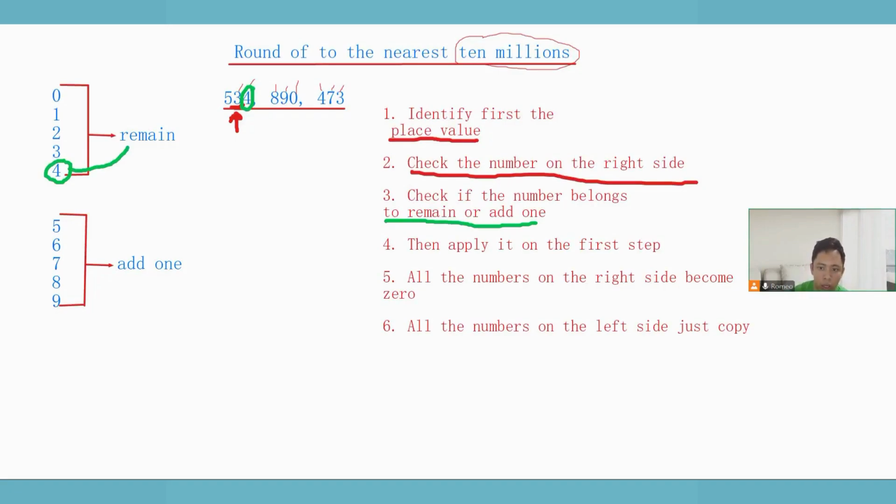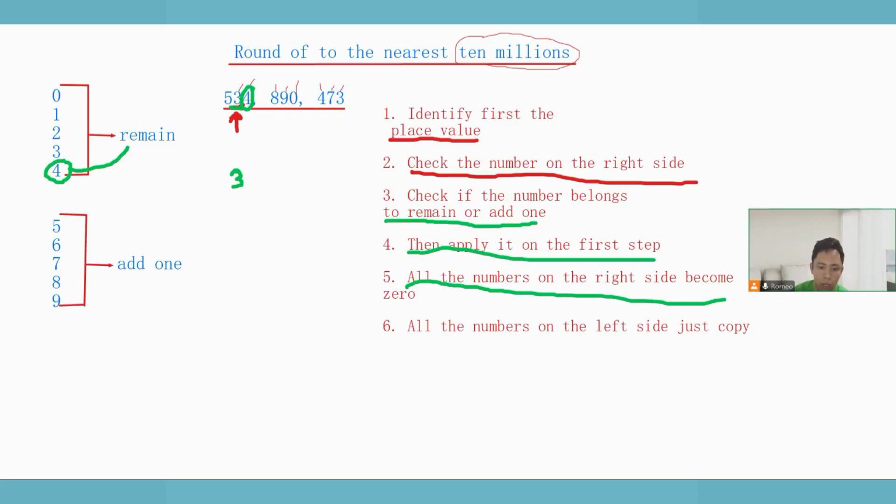Then it means the number 3, the 10 millions, is going to remain, so let's write down still the 3. After applying the first steps, the fifth step is that all the numbers on the right side become 0.